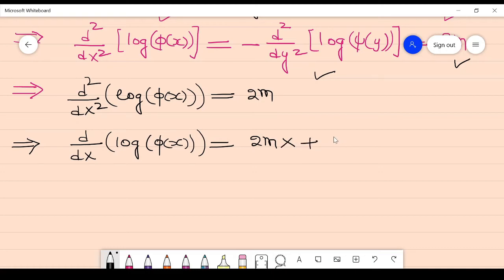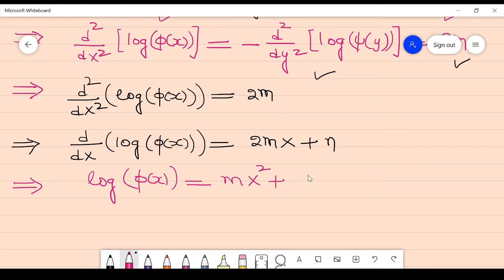That constant you may take as any number, I write it as n. Again integrate, so here log φ(x) is equal to mx square plus nx plus p, where p is a constant and similarly n is a constant.